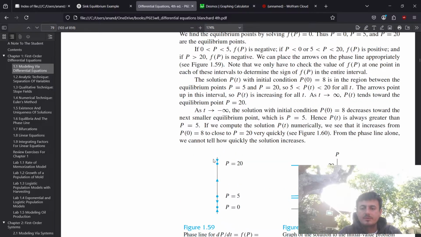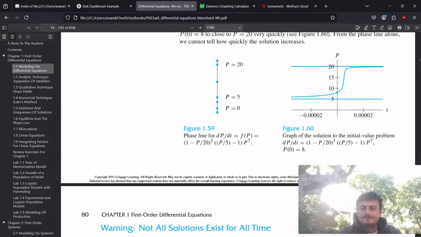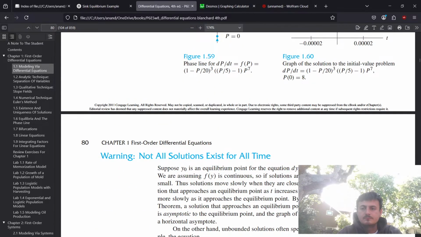Wait, 3 equilibrium points. Where's the third?